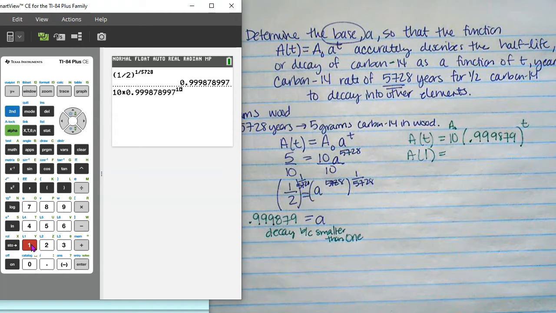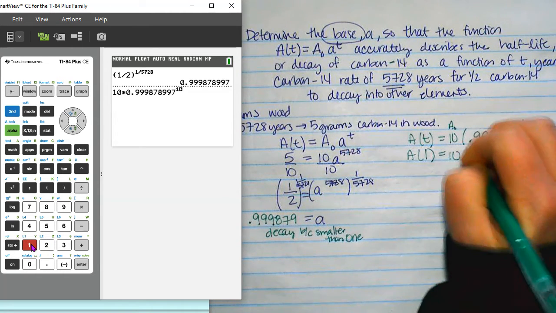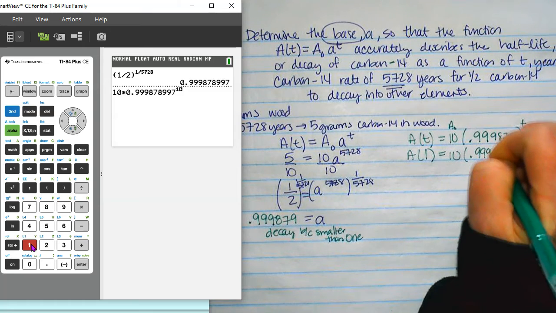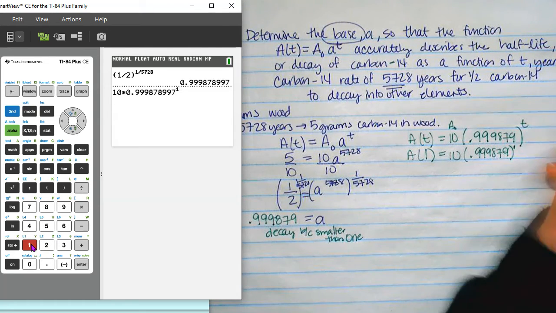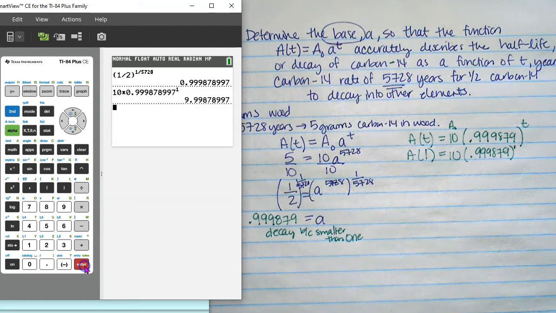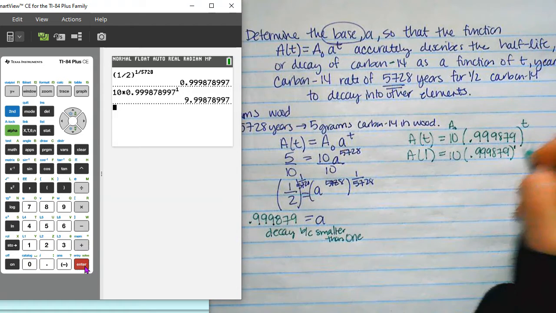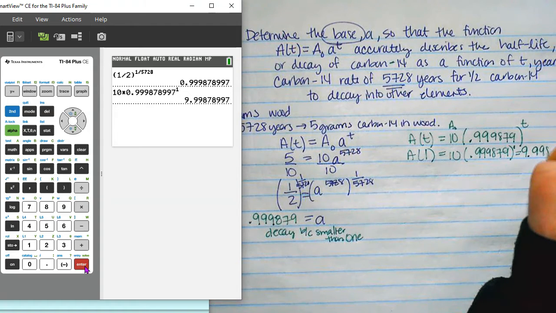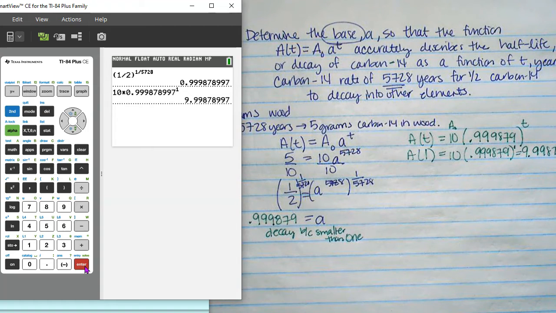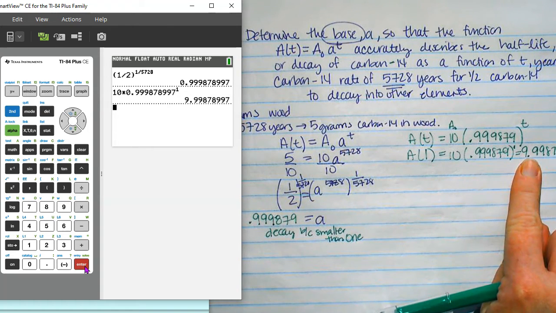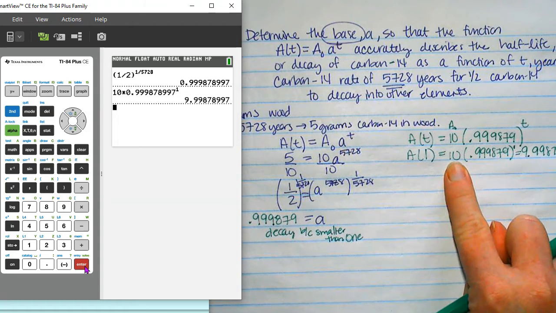Now they look the same, so I'm doing 10 times 0.999879 to the first power and enter, and that gives me 9.9987 and 9 again. Sorry about that. So I have just a little bit smaller than 10.